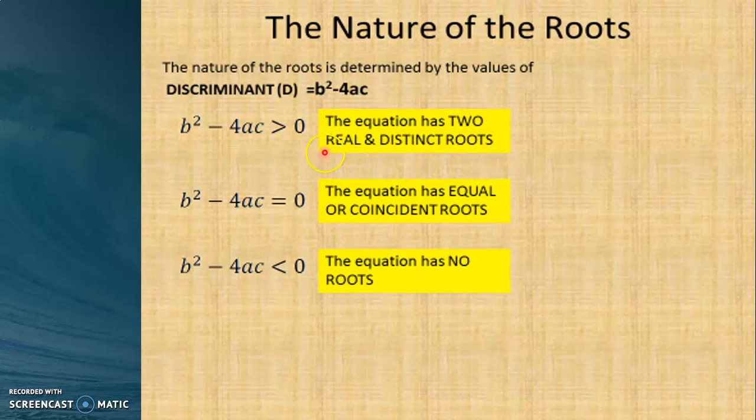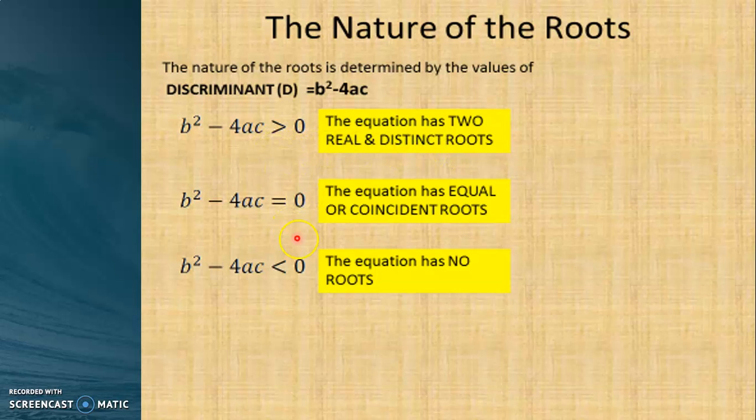Now when you check the quadratic equation, if you are getting real and distinct roots, this means the discriminant is greater than 0. From here, b square minus 4ac greater than 0 implies the equation has two real and distinct roots. Now from RHS to LHS, if the equation has two real and distinct roots, this means discriminant is greater than 0.